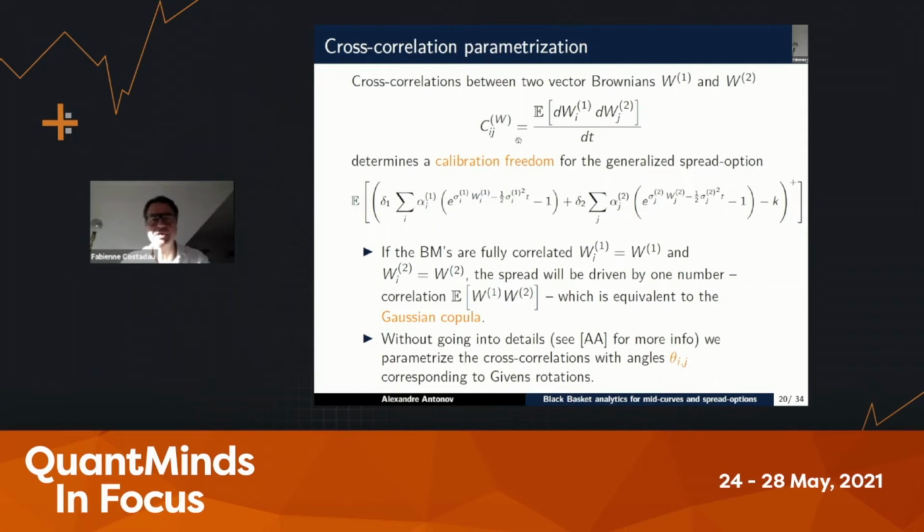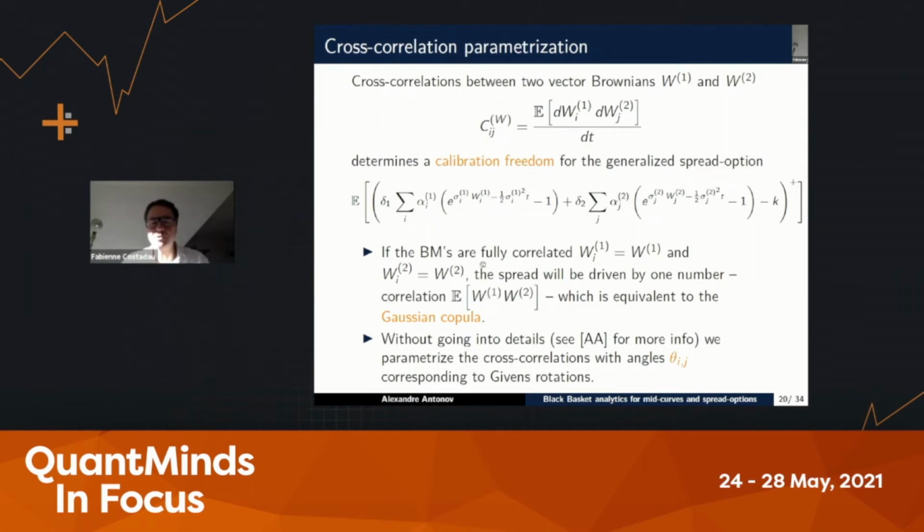So we have C_ij, and it determines the calibration freedom for the general spread option. We have this rate with W1 here, and the second rate with W2 here. So all the parameters are fixed except this cross correlation between W1 and W2.